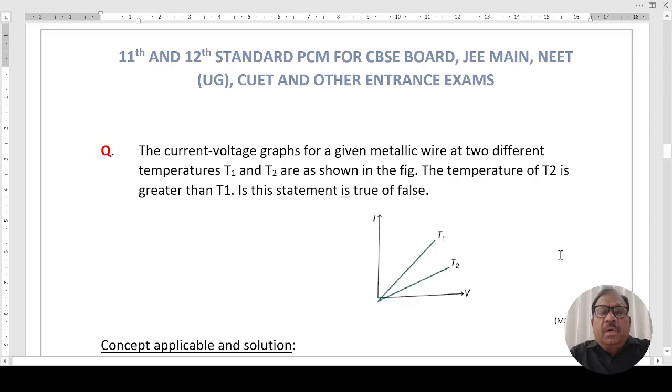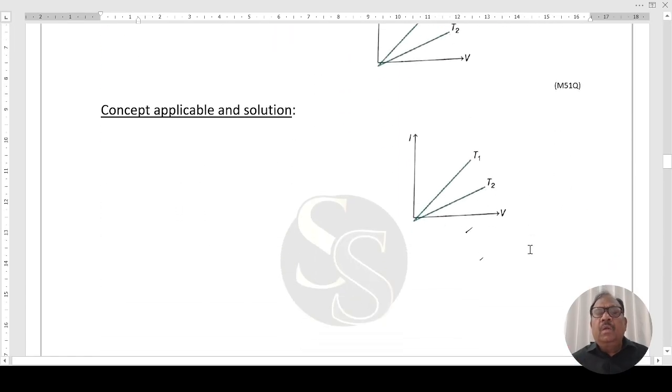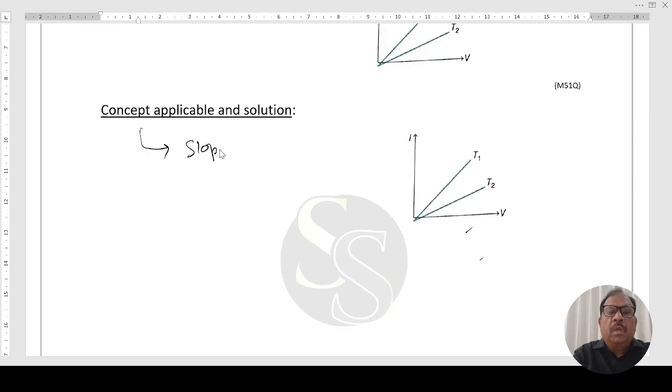Question is, the current voltage graph for a given metal wire at two different temperatures T1 and T2 are shown in the figure. The temperature T2 is greater than T1. Is this statement true or false? We have to conclude either true or false, right? Now, the concept applicable in this question is the slope concept.